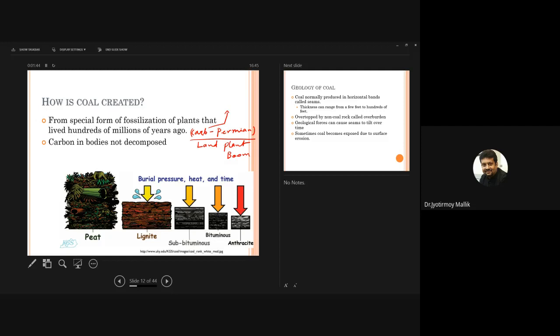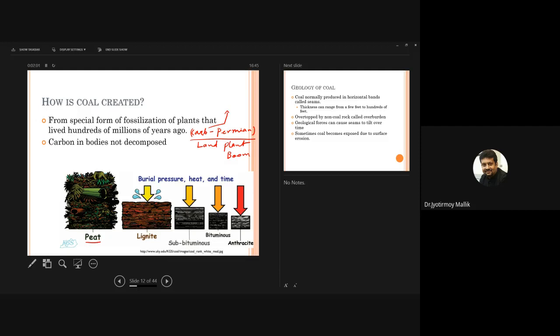There were land plants everywhere in the swamps, in the land, and then those died. Got dumped, and then there was very quick burial, and with pressure and temperature that formed peat. Peat you can actually form today as well.